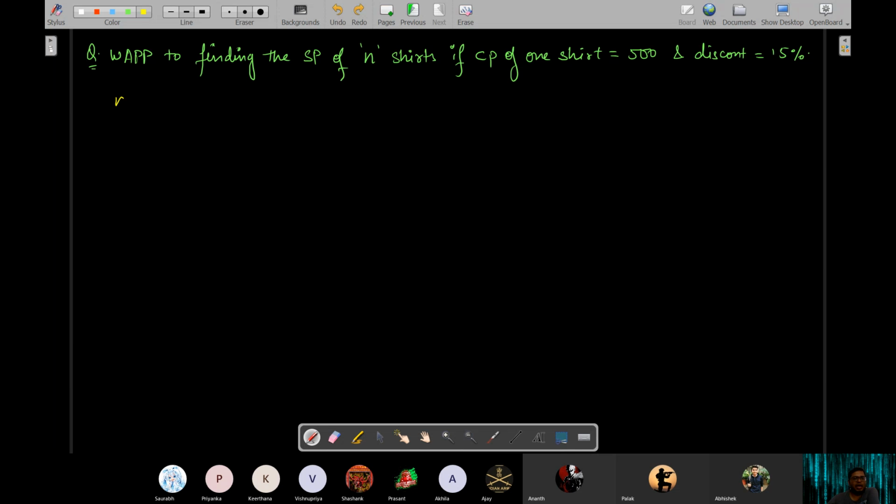So n is equals to, now is there a chance of number of shirts being a float type? क्या कभी ऐसा करते हो कि you go to shop और केवल हाथ ले आए उसका 0.25 of a shirt? नहीं. So it will always be integer.